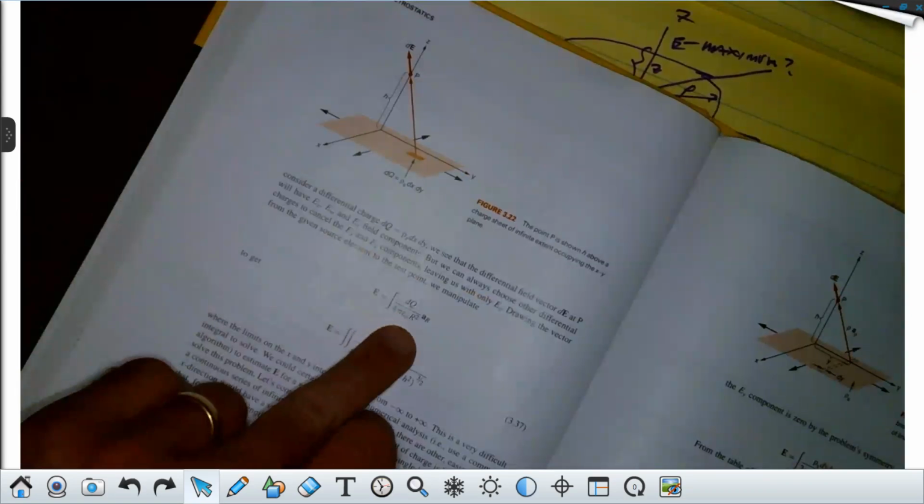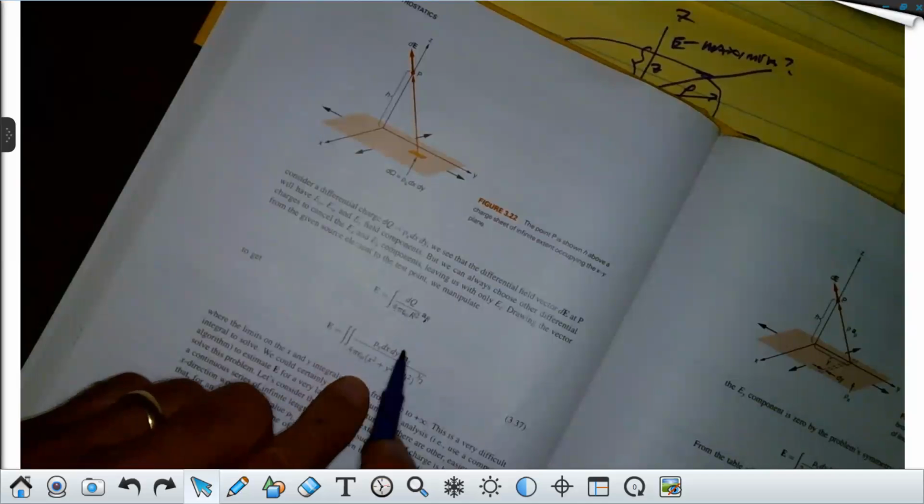He has dq over 4 pi epsilon naught r squared ar. Well, dq here is rho s dx times dy. And he has h right here because he's using the unit vector ar he's putting in here, but don't worry about that yet. Then he has 4 pi epsilon naught, and then he has r squared.